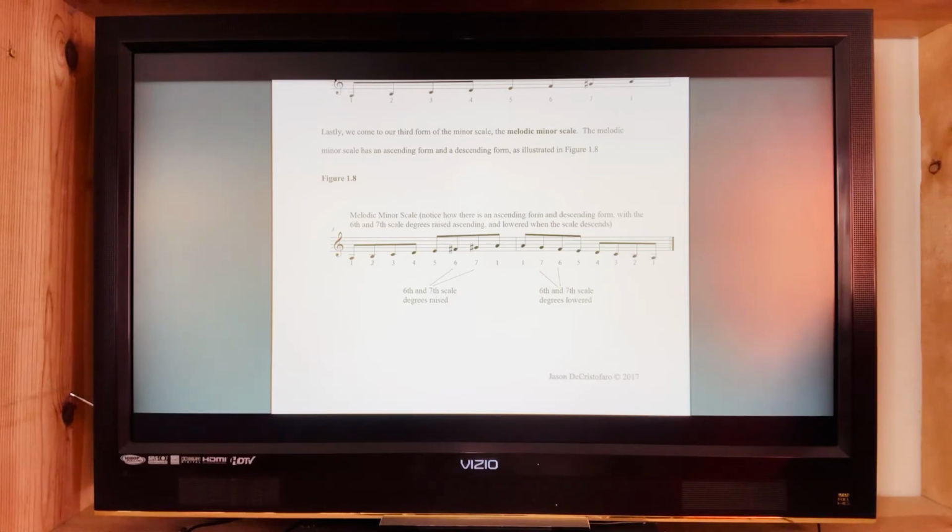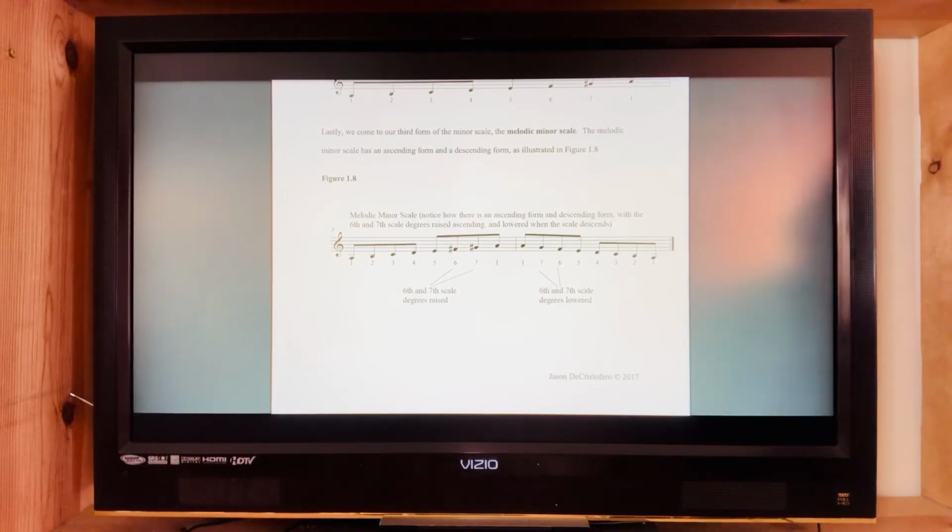And coming down, you lower it back to the natural minor. So if you were composing and had melodies ascending scale-wise, you would raise it. And when the melodies descended, you would have natural signs to put them back to normal. You would lower them a half step.